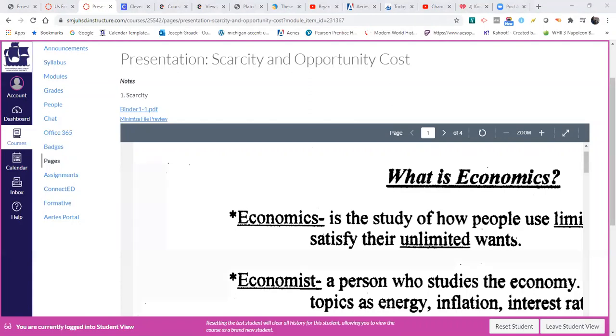Economics is going to be the study of how people use limited resources to satisfy their wants. One of the things that you want to understand, even though it's on an abstract basis, is that generally there's two types of economics. There's macroeconomics, which would be a whole economy, right? The economy of Santa Barbara County, the economy of California, the economy even of the United States.